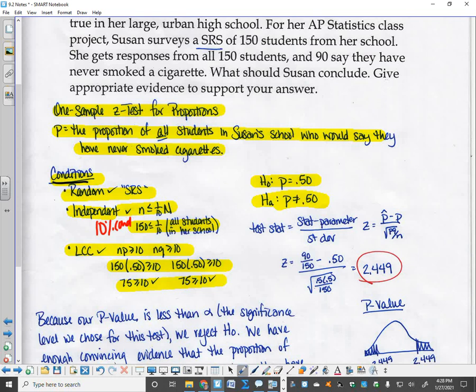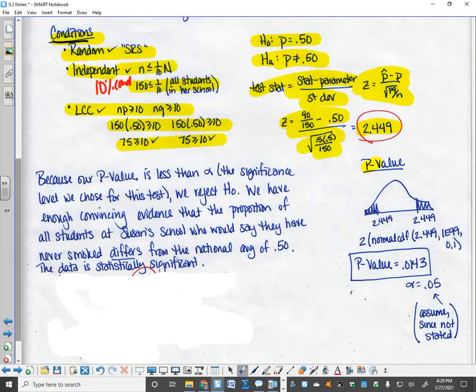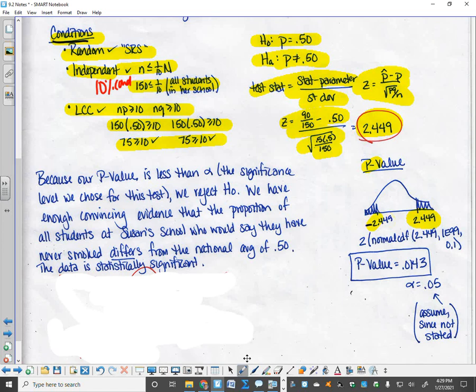Then I've got words, letters, numbers, z-score. P-value. Now, this z-score is positive, but remember there is also a negative one down here. So I'm going to do 2 times normal CDF, and I chose the positive one to positive infinity.